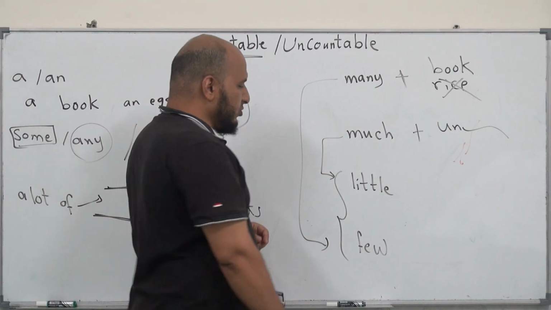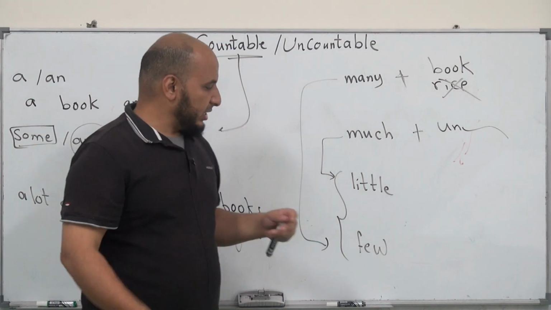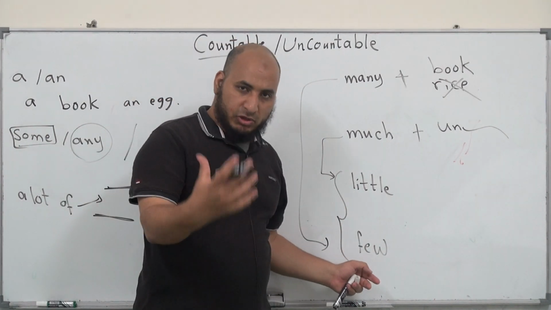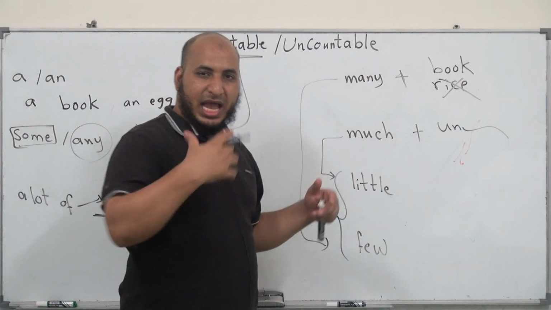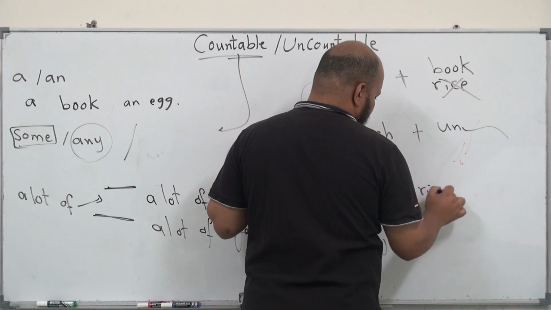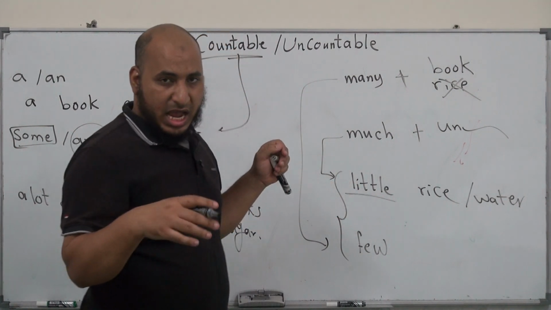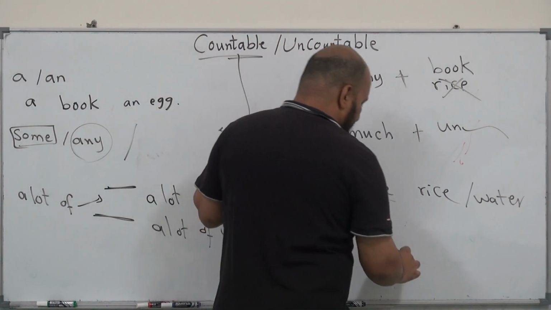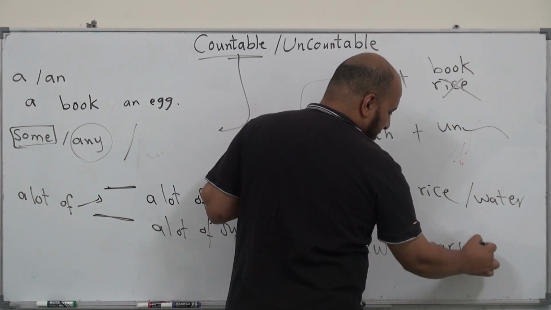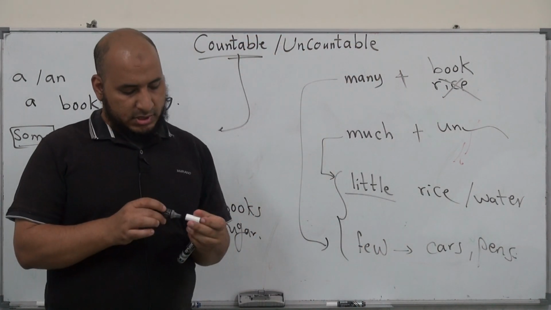So we have the same usage in countable and uncountable nouns. After few we have countable nouns, and after little uncountable nouns. So you can say little rice, water, or juice, any uncountable nouns. Few cars, pens, or any countable nouns.